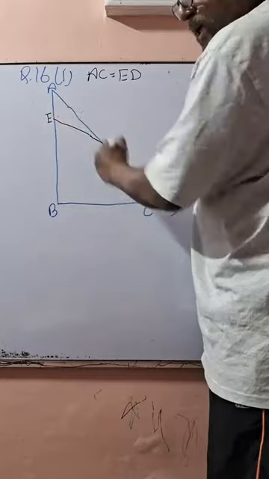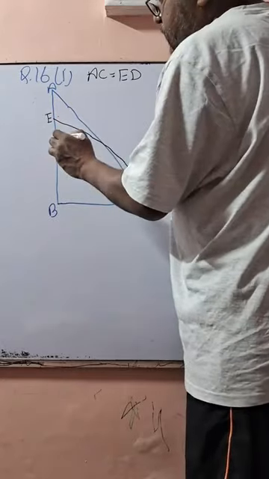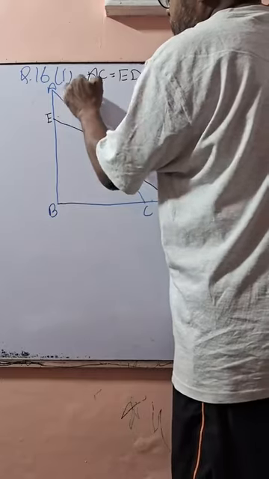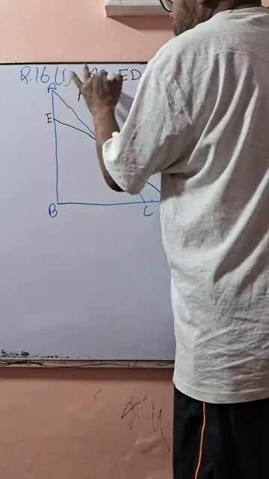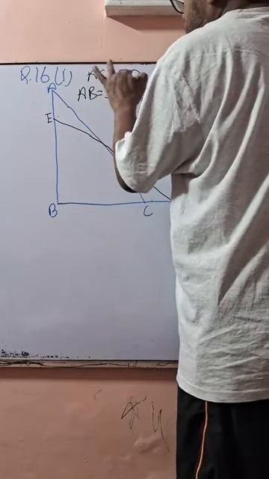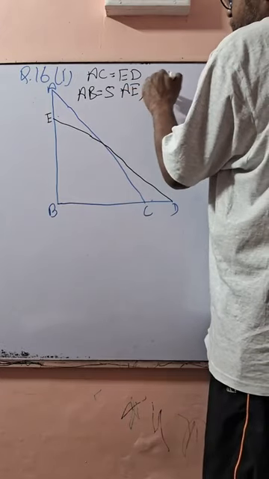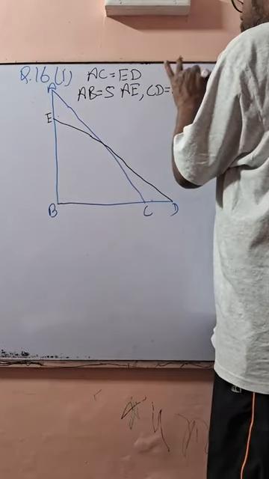AC is equal to ED is given to us, as well as it is also given that AB is equal to 5AE and CD is equal to 2AE.